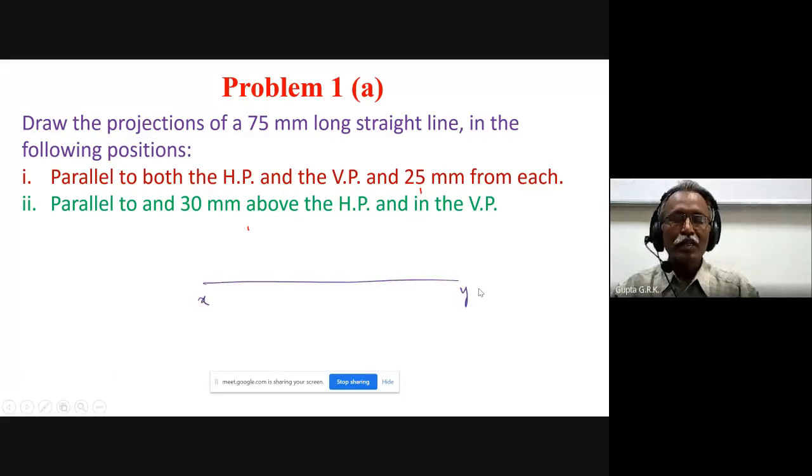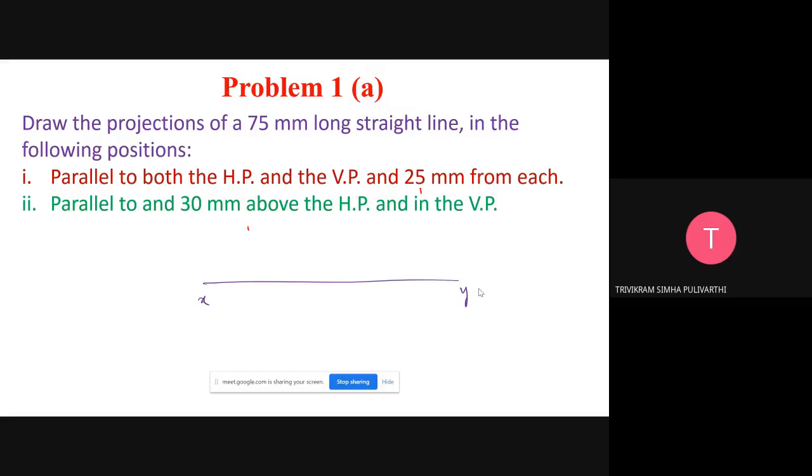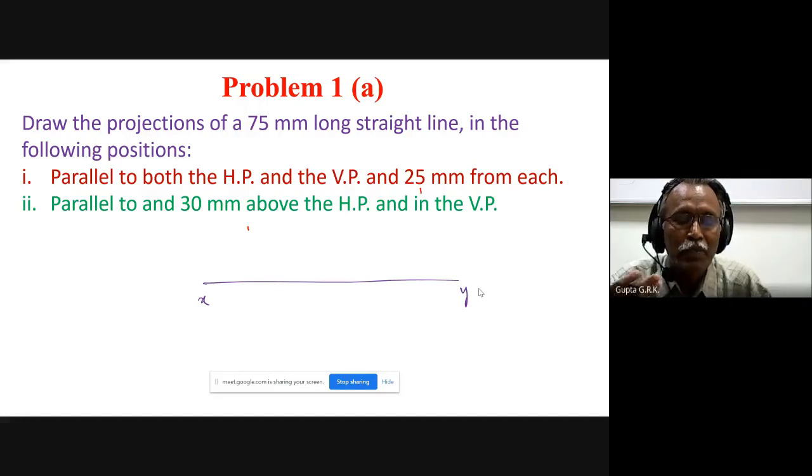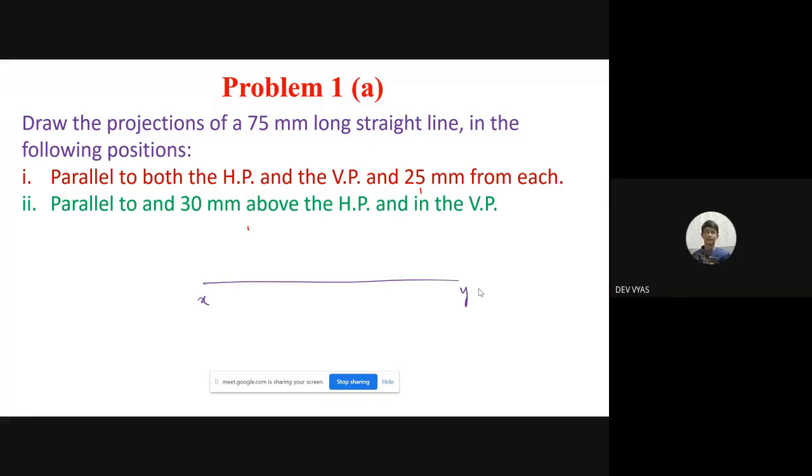Where will be AB and where will be A dash B dash? A dash B dash should be above XY. At what distance? 30 mm. And what about AB? On XY. Okay, on XY. That's all.